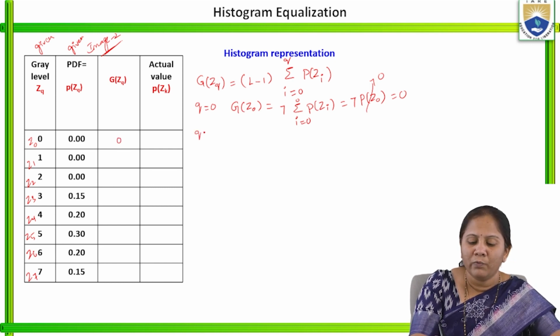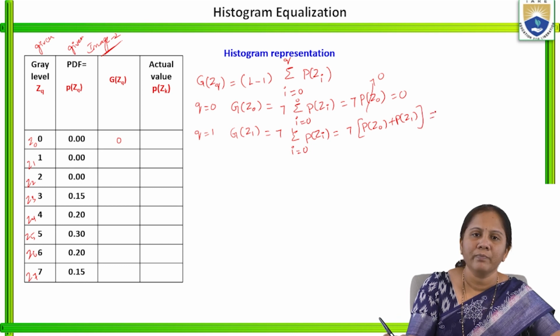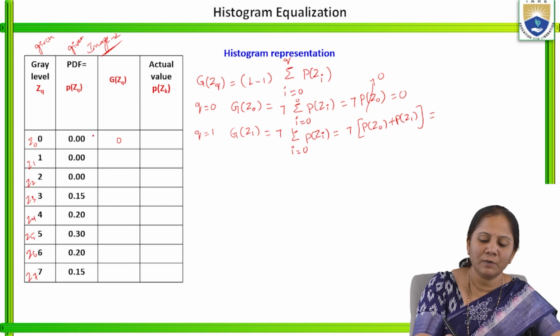Similarly, for Q equal to 1, G of Z1 is equal to 7 times sigma i equals 0 to Q, but now Q is 1, so 7 times P of Z0 plus P of Z1.